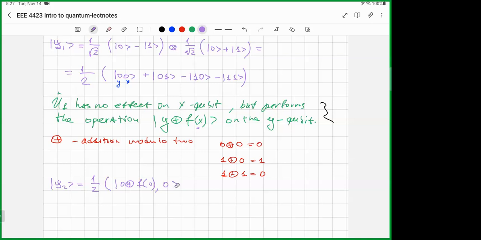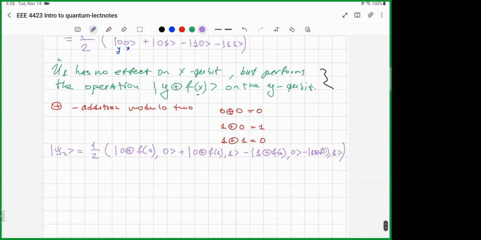So this is the first one, and likewise for the other three. The second one is 0 plus modulo 2 f(1), comma 1, minus 1 plus modulo 2 f(0), comma 0 state, and minus 1 plus modulo 2 f(1), comma 1.